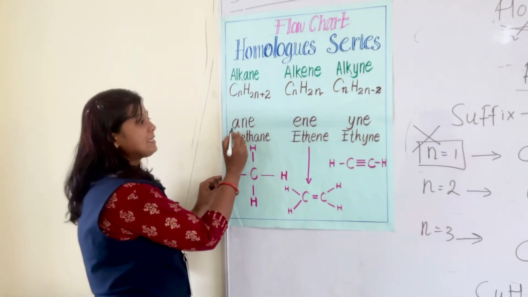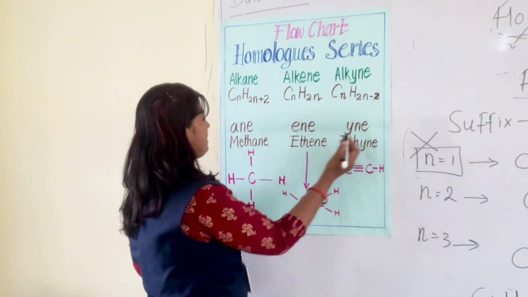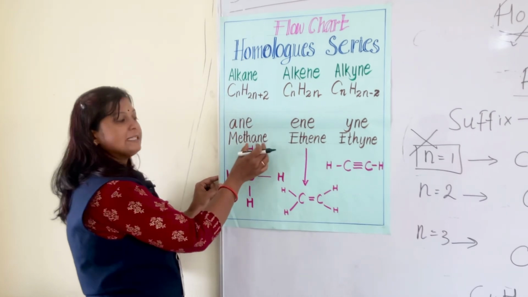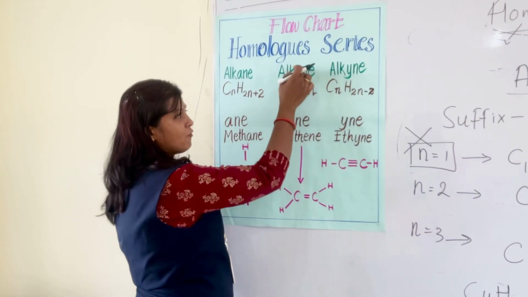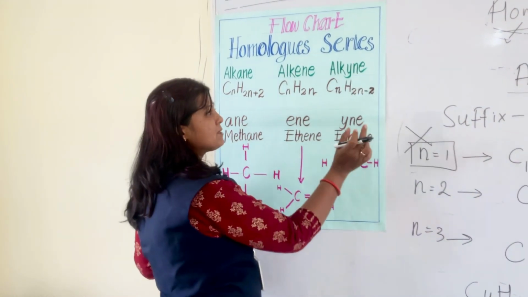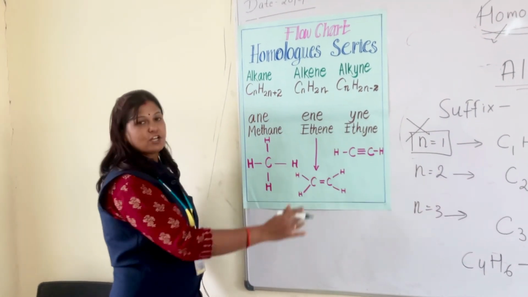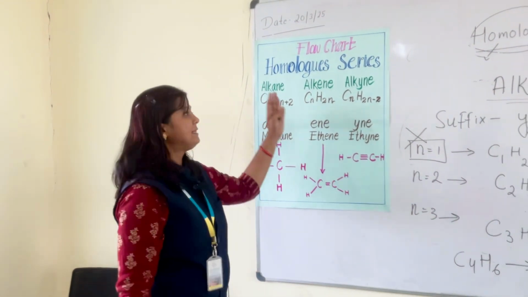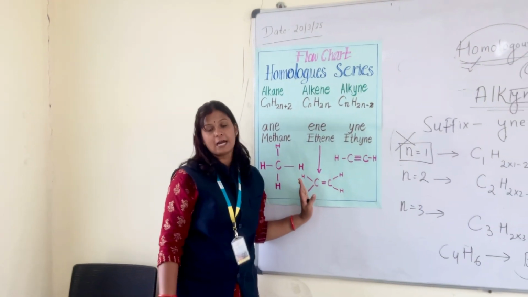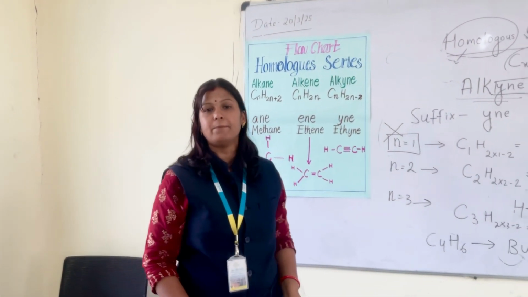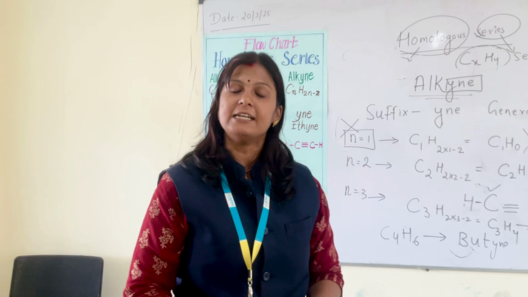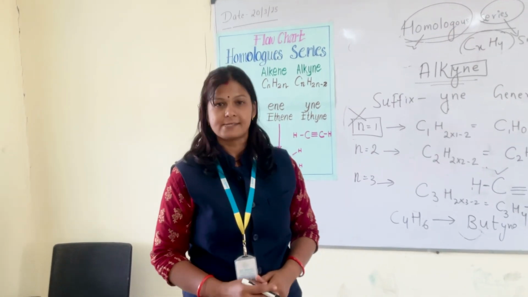And these are the suffixes: A N E, E N E and Y N E. The first member of alkane is methane, the first member of alkene is ethene, and the first member of alkyne is ethyne, and here is the structure of the first member. In this way, you can prepare a flow chart, and it is very easy to remember the homologous series, and it is very interesting to draw the structure. Thank you.